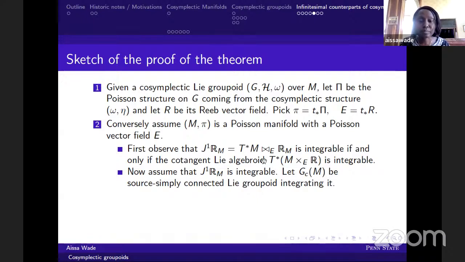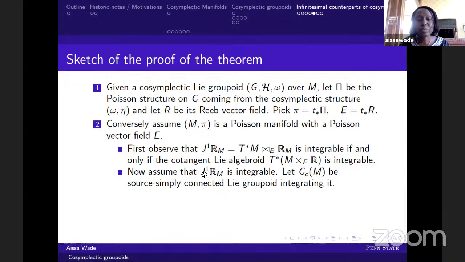Okay. And here we can construct a Poisson structure on M cross R, and this Poisson structure will be integrable if and only if G1 is integrable.